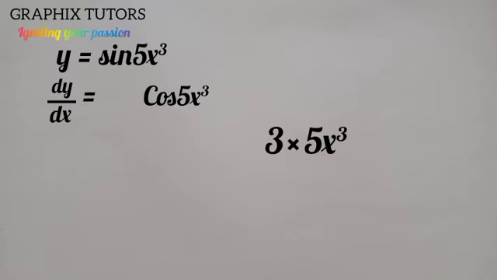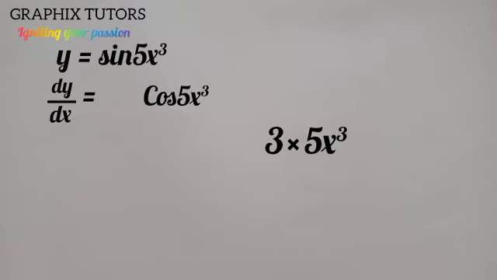Now, if I have sine 5x cubed, I'm going to have cos 5x cubed. I'll write that in one corner. Now, in front of the sine, I have 5x cubed, and you need to differentiate it. The 3 will come in front of the 5.